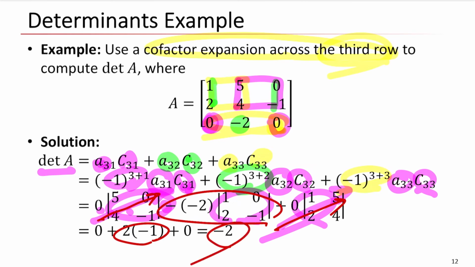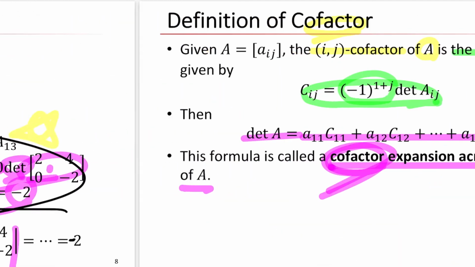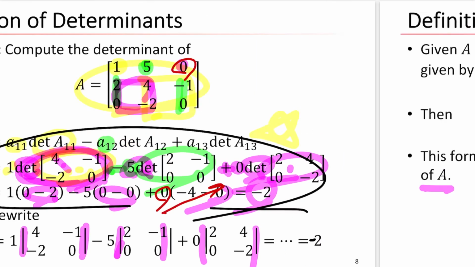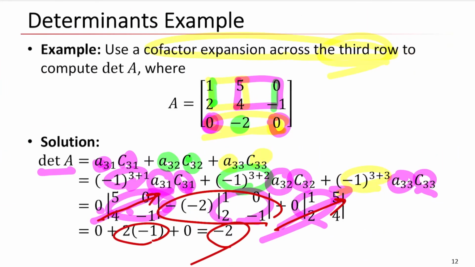So interestingly, comparing to the previous example, we can ignore these terms because they are 0 here. If we consider the third row, there are 2 zeros, so we can reduce the computational complexity when computing the determinant.